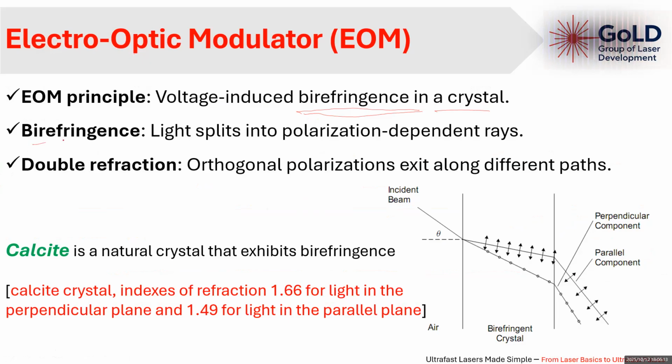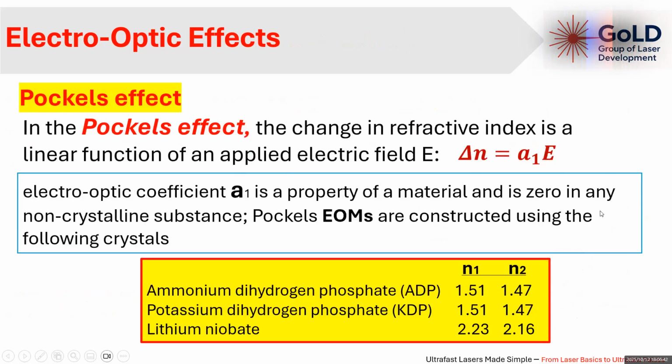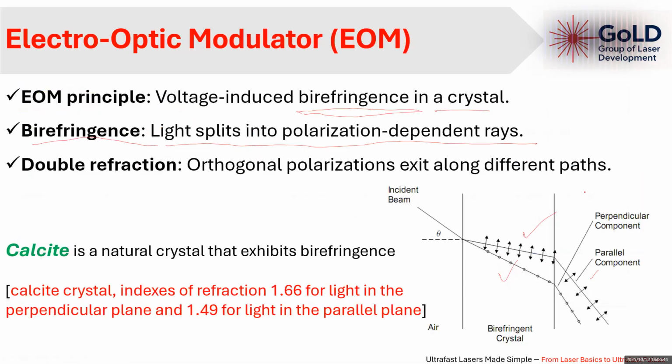As I mentioned, you can see from here that light splits into polarization-dependent rays. One polarization feels one refractive index, the other polarization feels a different refractive index. This is the perpendicular polarization, and this is the parallel polarization.